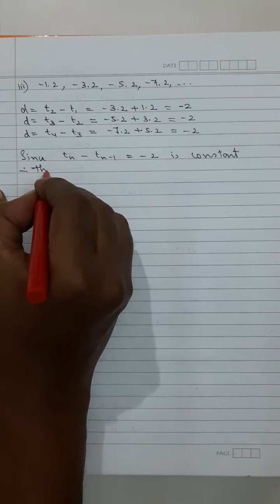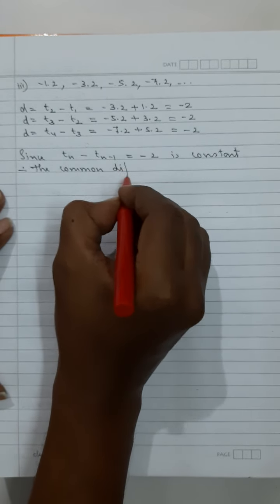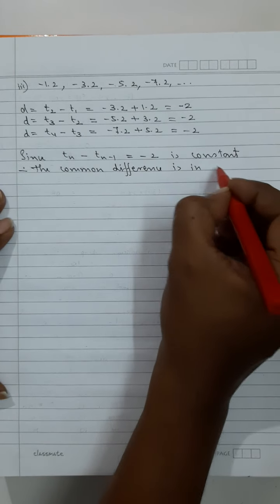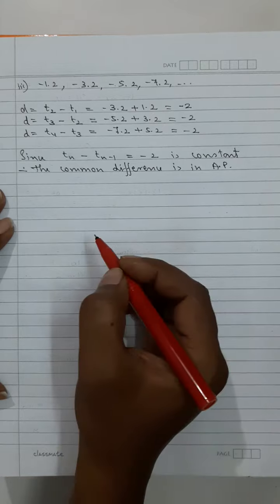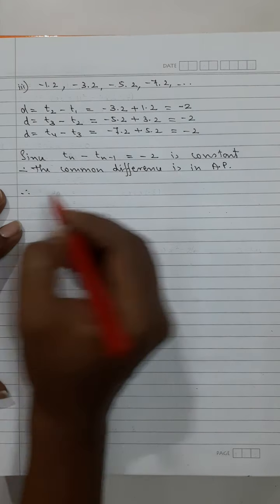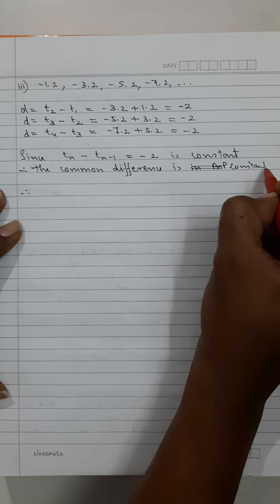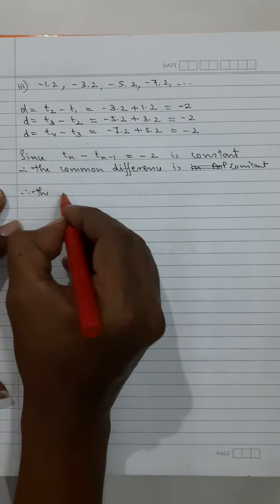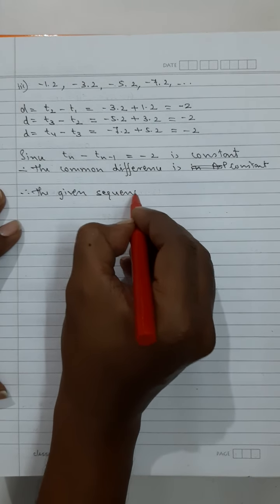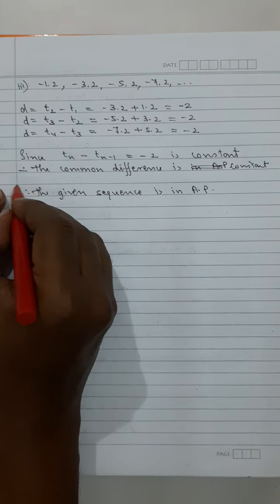Therefore, the common difference is constant, sorry, a phone came in between, my dear. Therefore, the given sequence is in arithmetic progression.